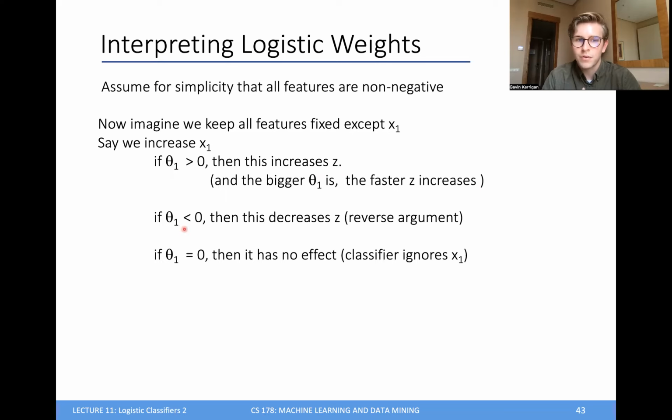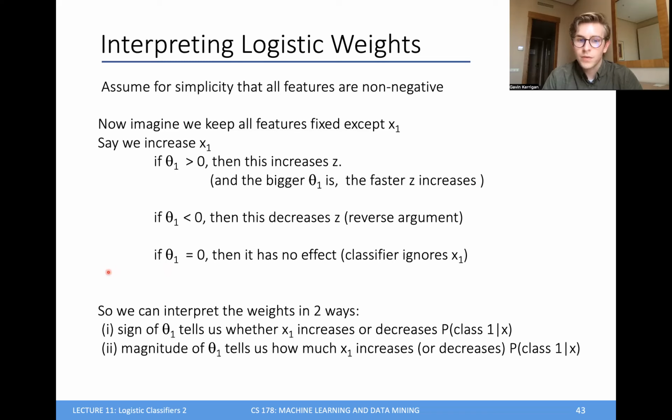The magnitude of that parameter theta tells you how fast this increase or decrease is happening. And if a weight is 0 in our model, then changing x1 has no effect on this z value, and in effect, the classifier is ignoring x1. So if a corresponding weight is 0 or is very small, then the classifier has learned that this feature is not relevant for the prediction it's trying to make.